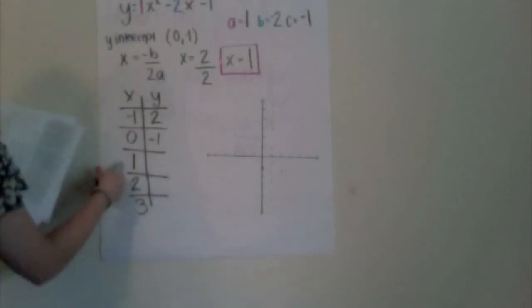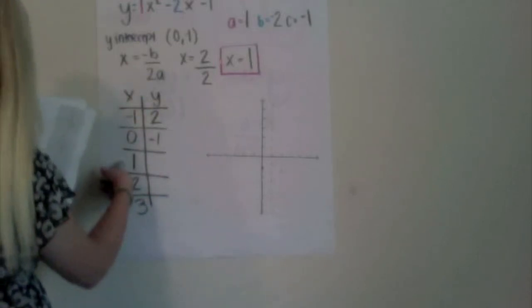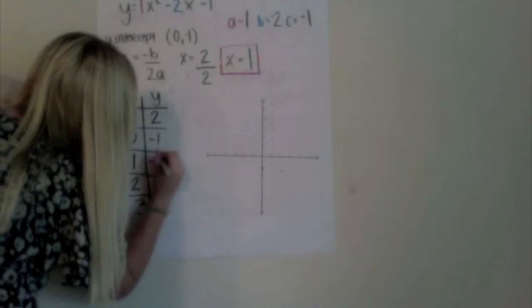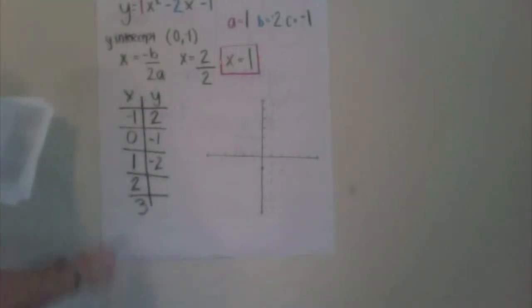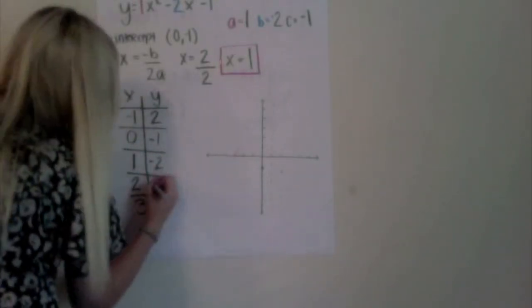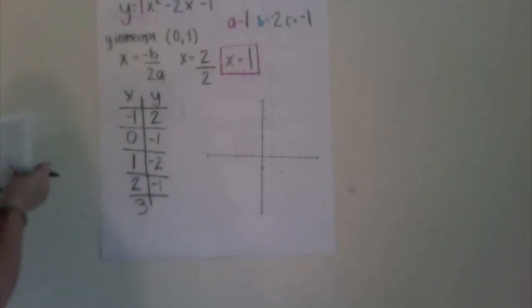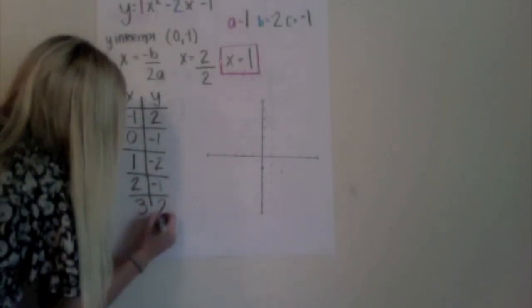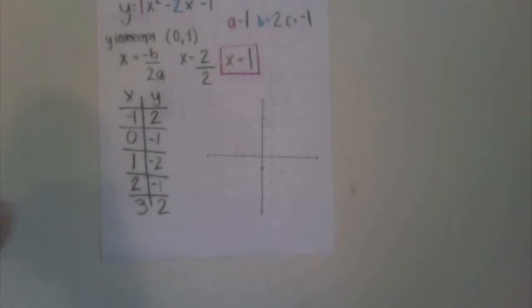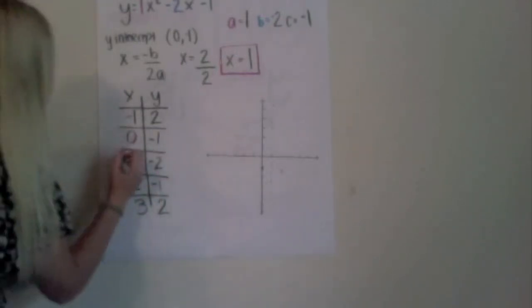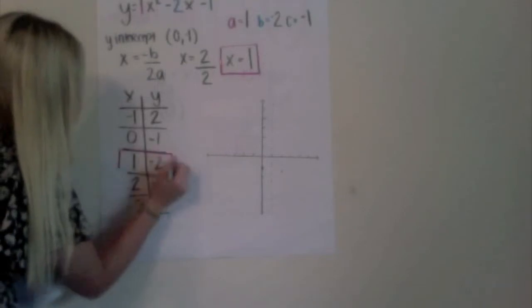Then when x is 1, this is our vertex, we're going to have y is -2. And when x is 2, we're going to have y is -1. And when x is 3, we're going to have y is 2. So our vertex, one of the most important points, is right here at 1, -2.